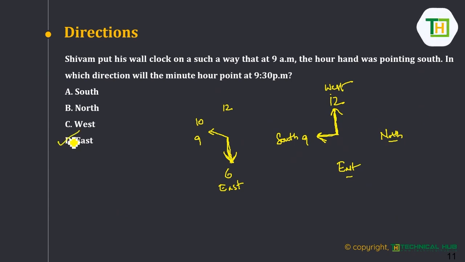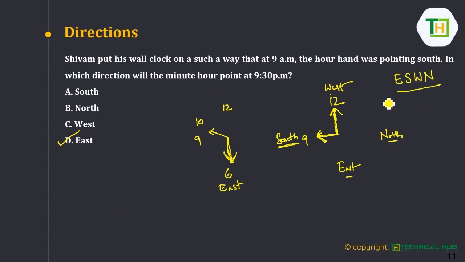At 9 o'clock, the hour hand was pointing south. That was the given. At 9 o'clock, the hands are like this, and the hour hand is pointing towards south. In the previous question, I told you the order should be east, south, west, and north.